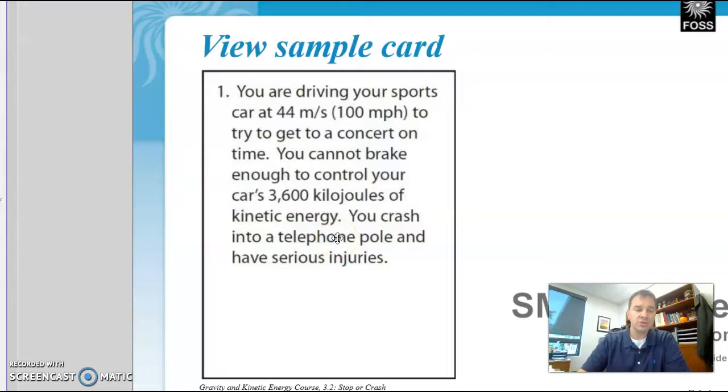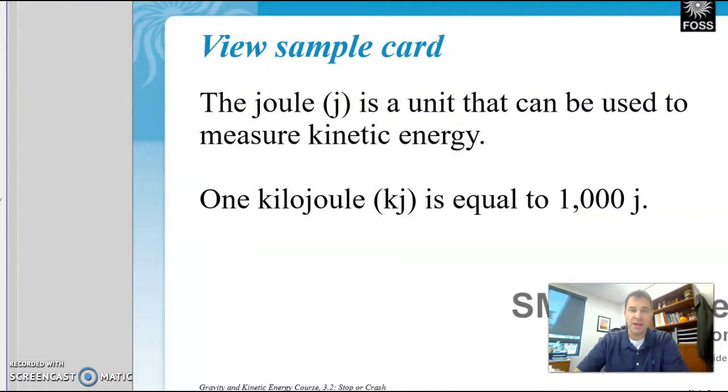So we introduced joules as a new concept. The joule is a unit that we use to describe how much kinetic energy something has. If you remember our marble down the ramp, the only thing we could really measure was how far the block went. So we measured a distance and it told us what had more kinetic energy, but we couldn't actually say how much kinetic energy it had.